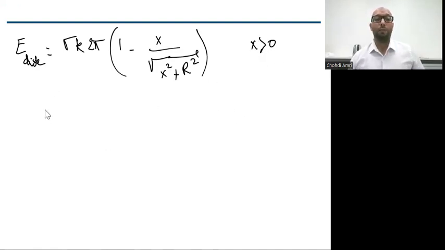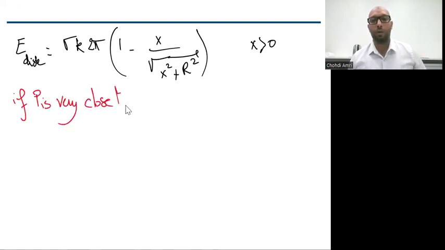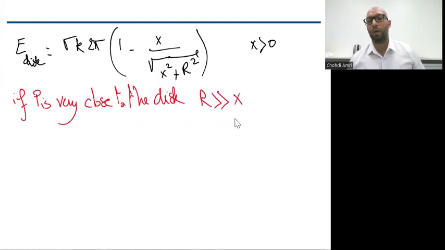If we discuss some cases, if P is very close to the disk surface, that means the radius R is very big compared to x, so x is neglected.